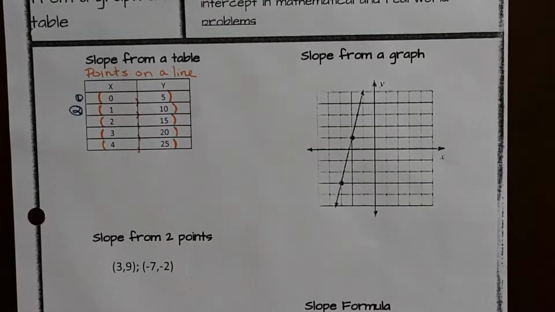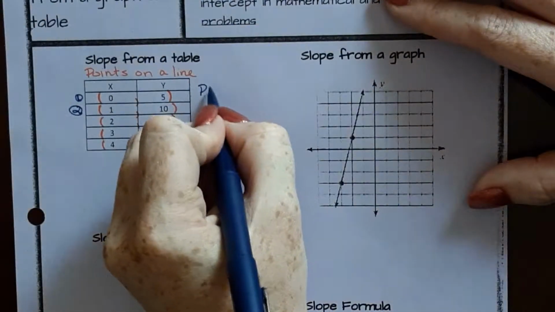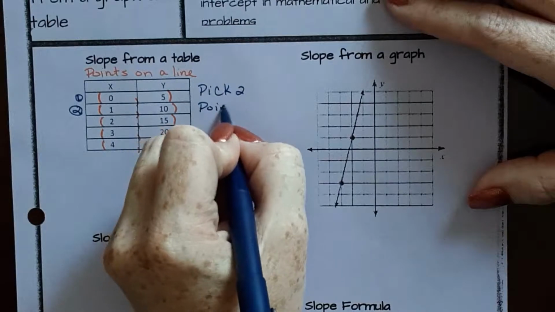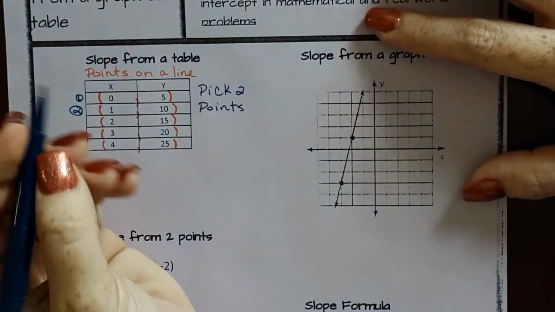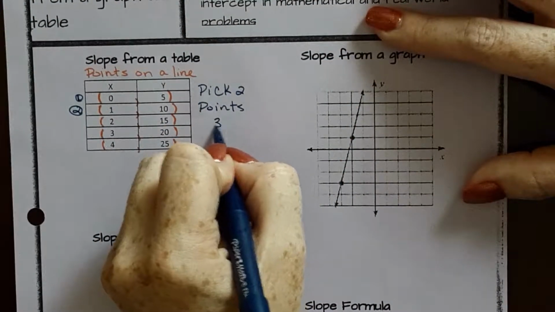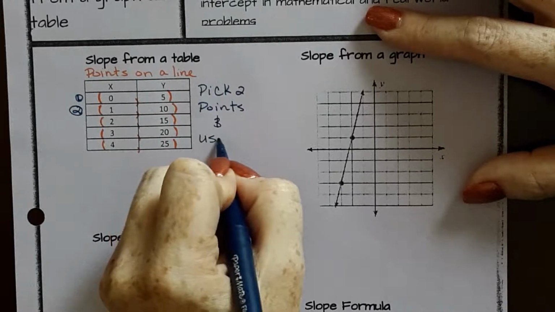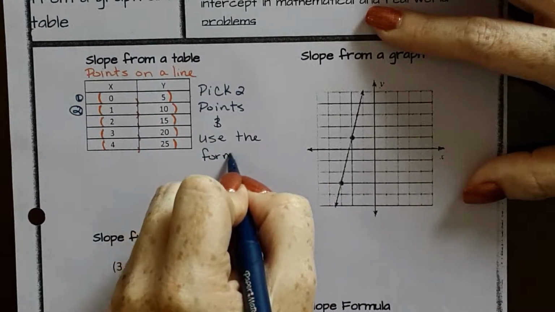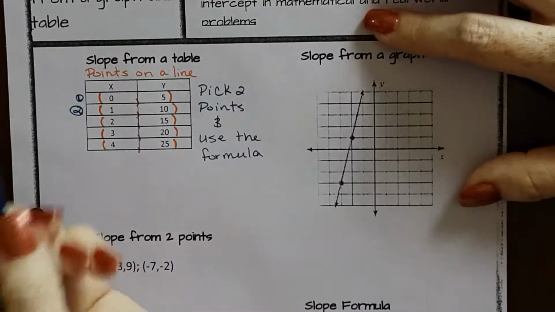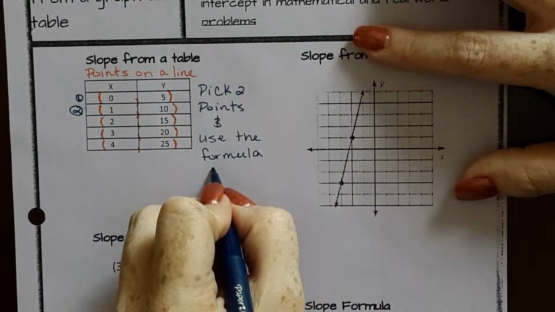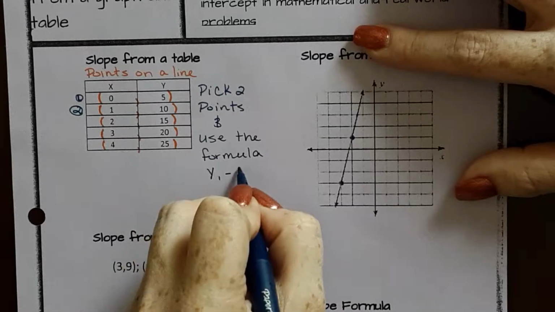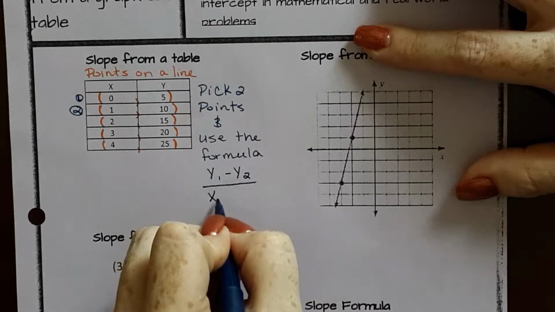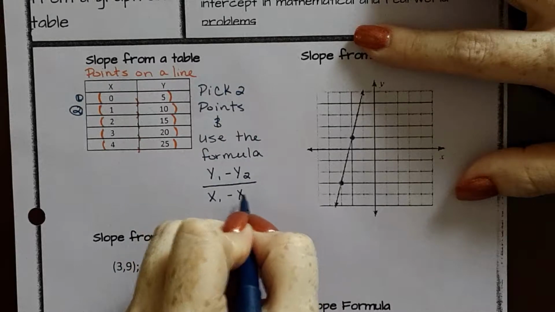Okay, so you're going to pick 2 points and use the formula. And that formula again is your first y minus your second y over your first x minus your second x.